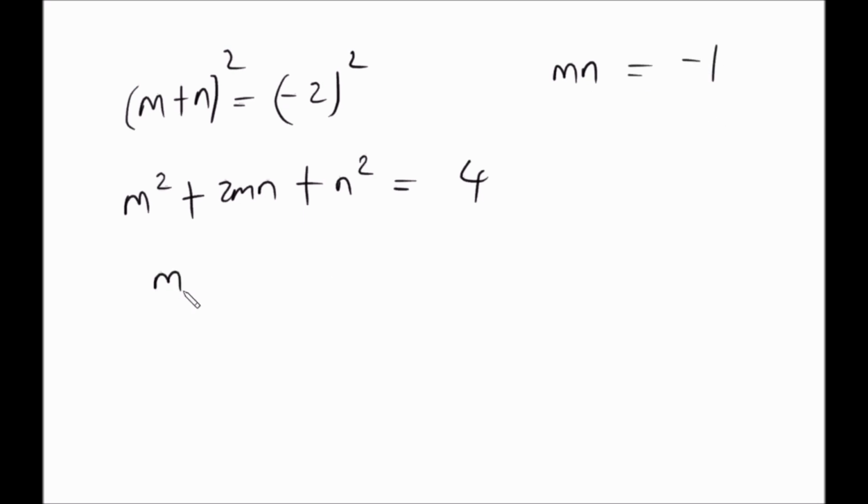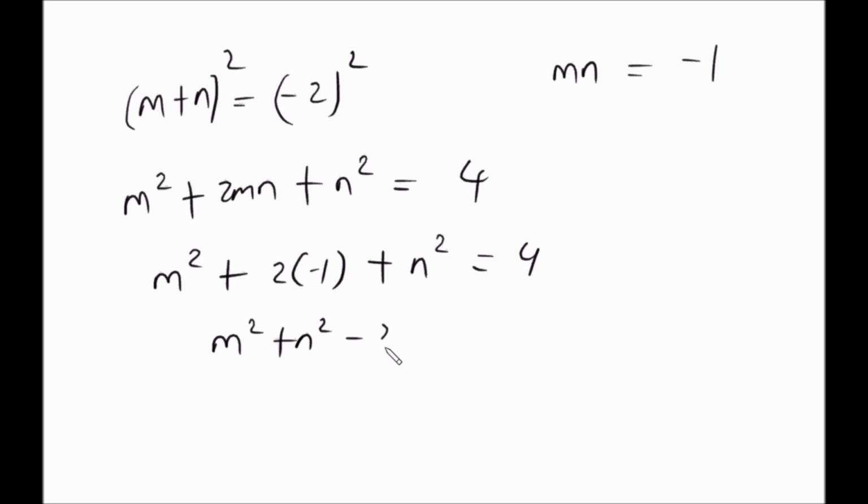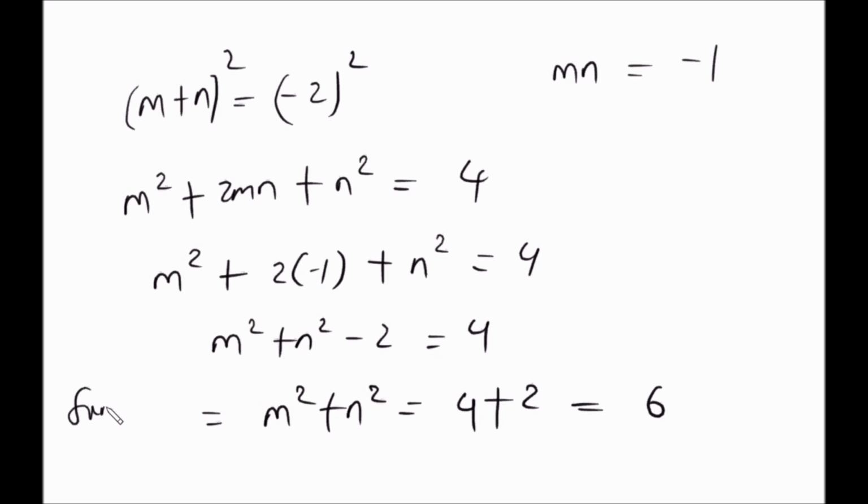Negative 1. So m squared plus 2 times negative 1 plus n squared equals 4. So m squared plus n squared minus 2 equals 4. So m squared plus n squared equals 4 plus 2, which is 6. So the sum of roots for this new equation is 6.